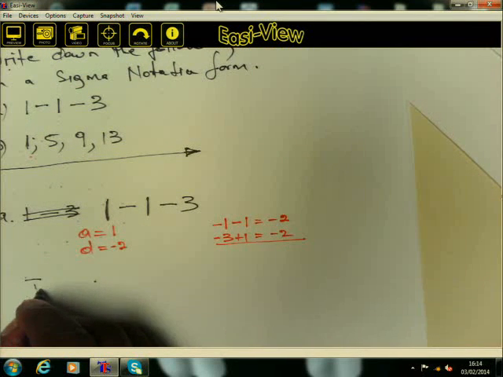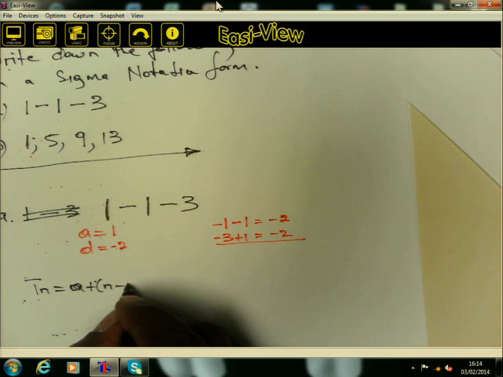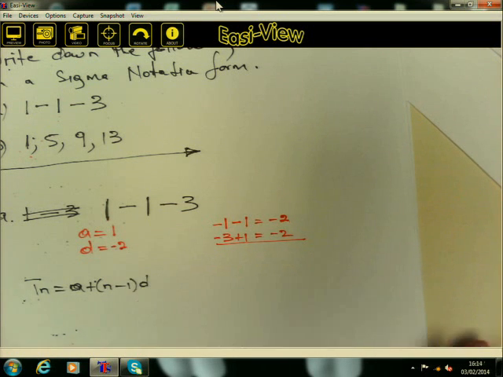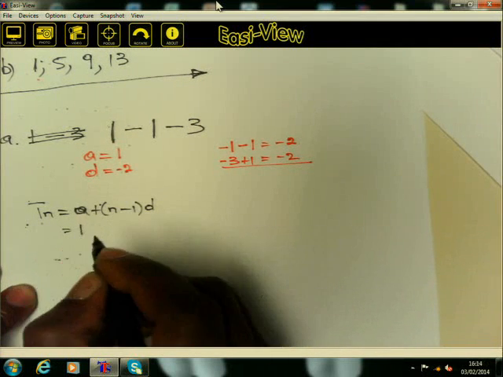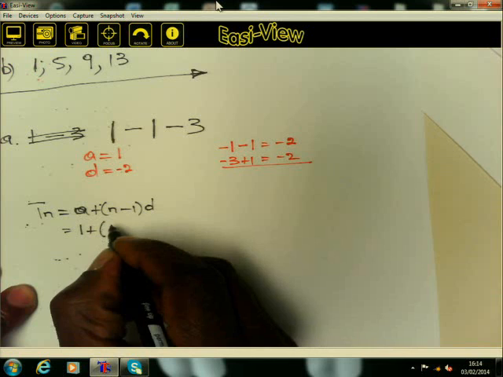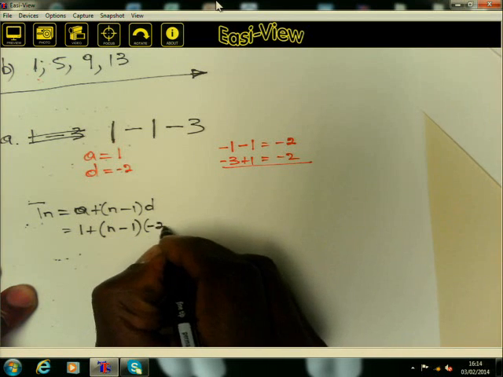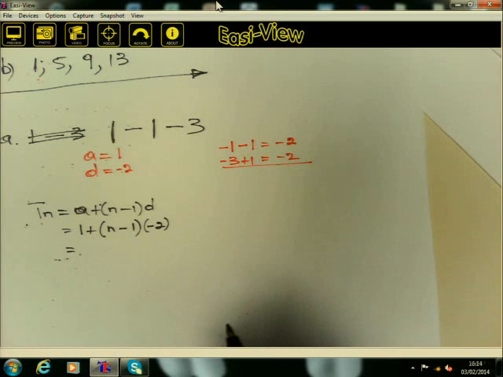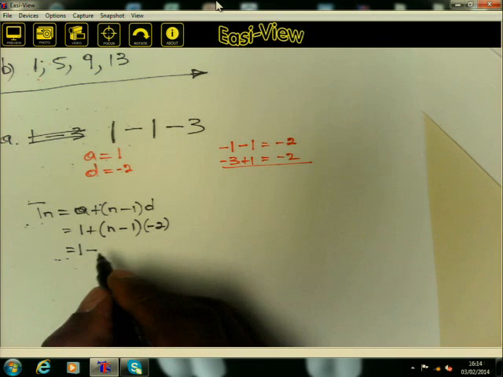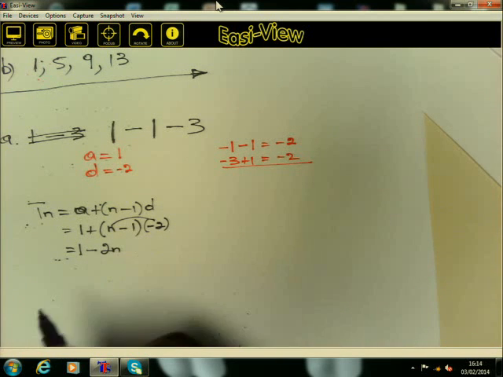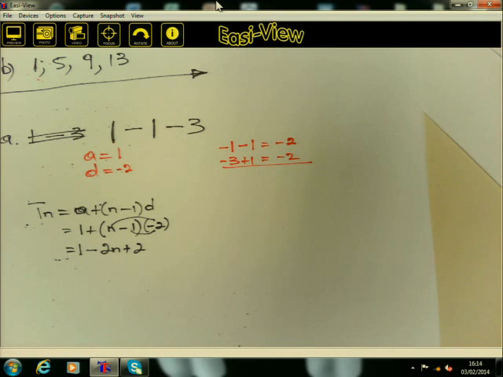Then we can find the general term. The general term is given by A plus n minus 1 into D. Substituting, the value for A is 1, added to n minus 1, the difference -2. Then we have the 1 multiplying there, it is now minus 2n. This one is plus 2.